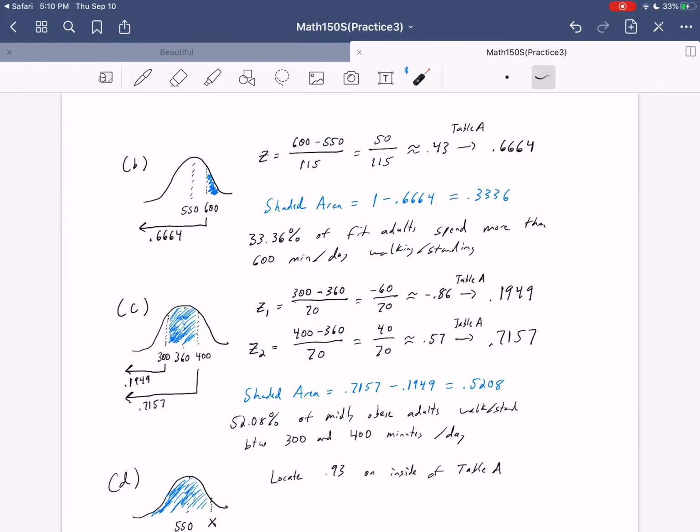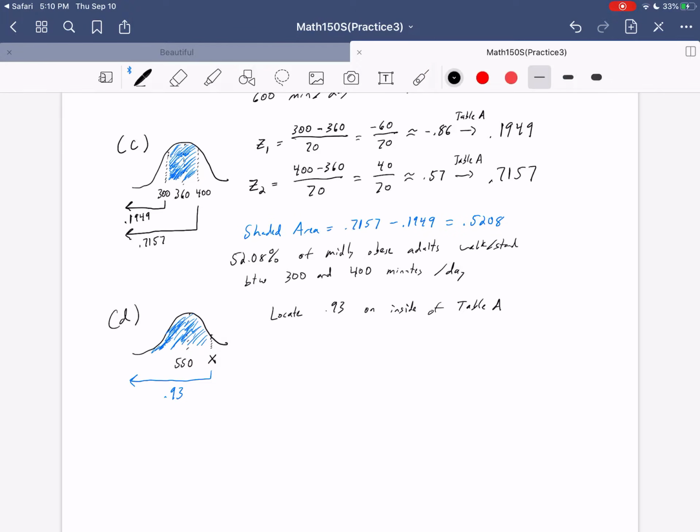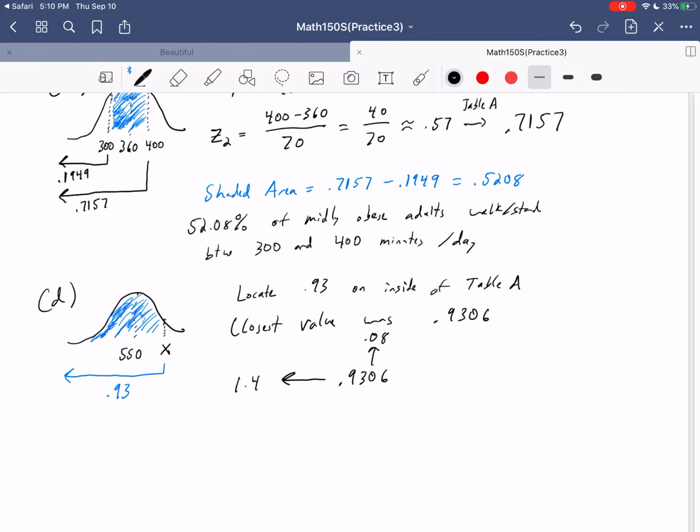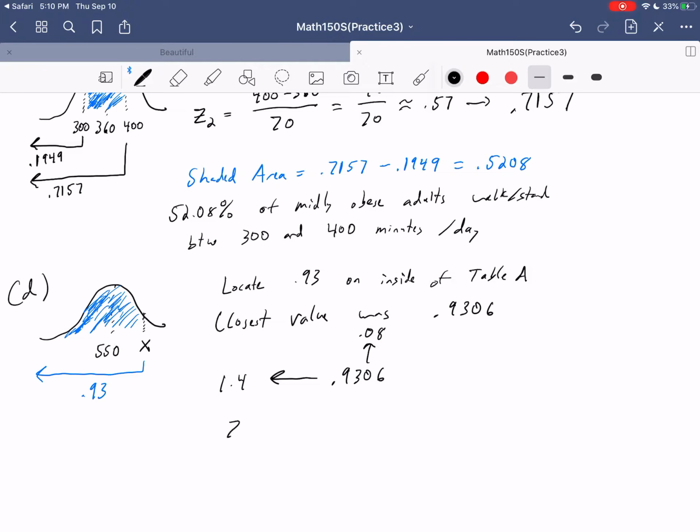So to summarize that, what we found is the closest value was 0.9306, and as we saw, 0.9306 went to 1.4 and 0.08. So what that meant is that Tom's z-score in this case is 1.48. Now how does this help us?